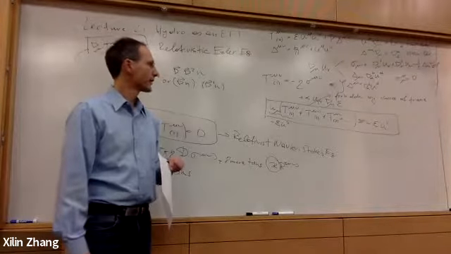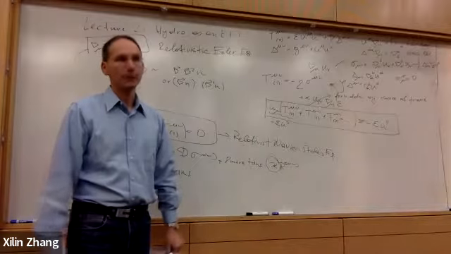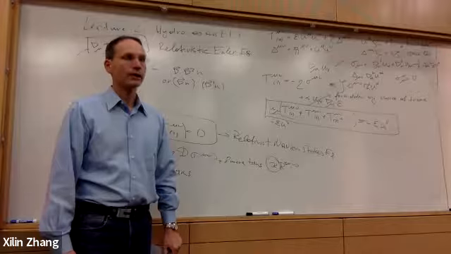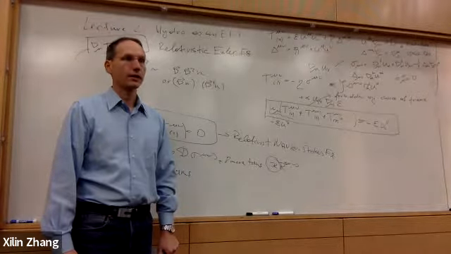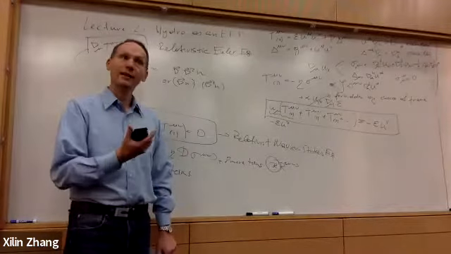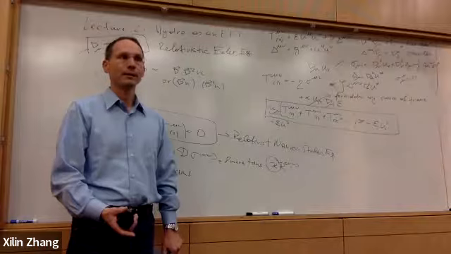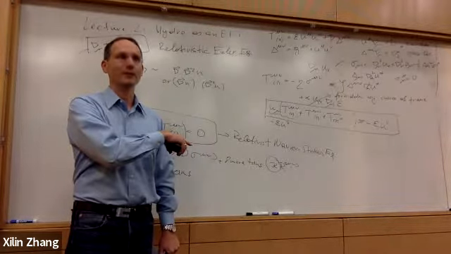And let me make a note that historically, that was how they were discovered in the first place, because if you write down correlation functions of the energy momentum tensor, it turns out there are a number of different combinations that you can write down, so there are a number of different coefficients that contribute. But if you don't include these terms, you don't have enough numbers to fix all of these correlation functions.